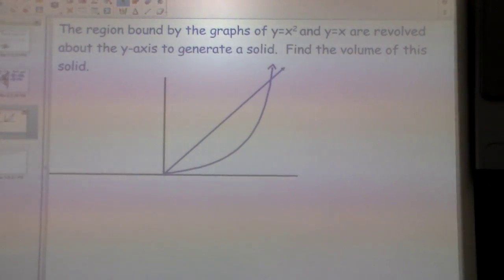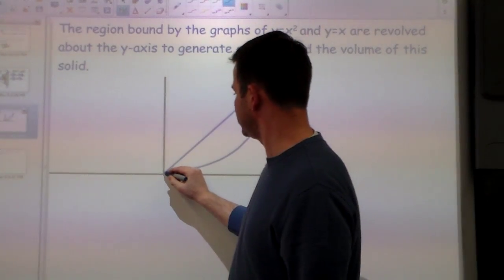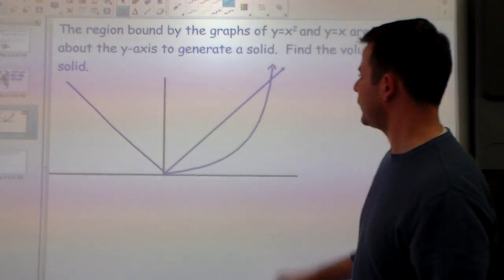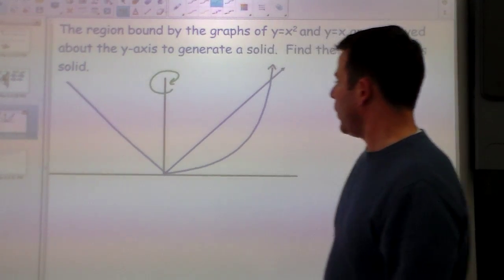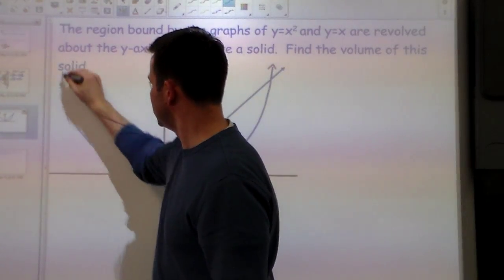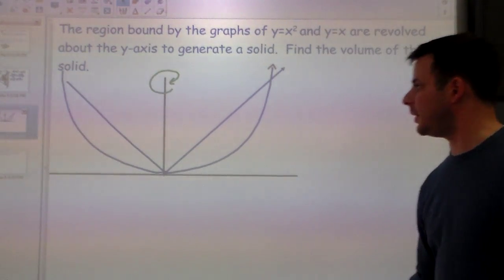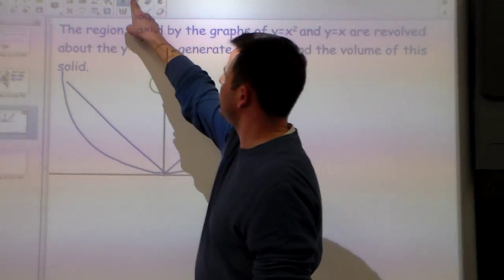Let's say we want to revolve that about the y-axis. Well, let's first revolve our region. There's y equals x being revolved about the y-axis. And here's y equals x squared being revolved about the y-axis. Okay, so now our representative rectangles will look like this.